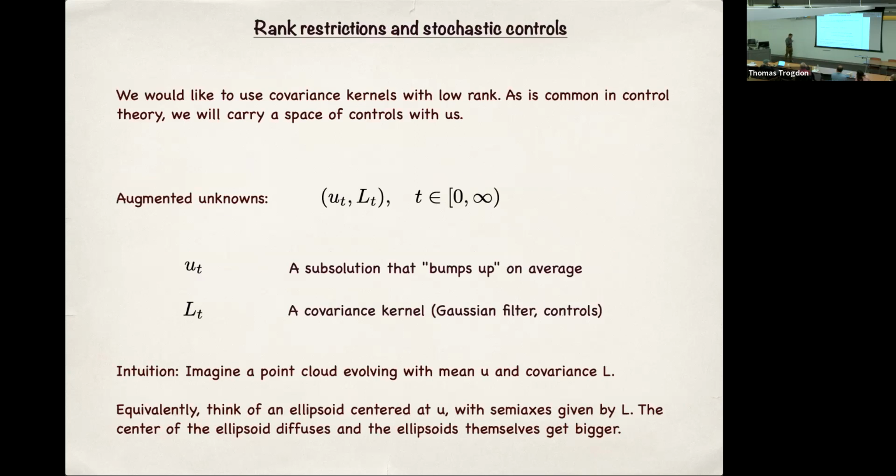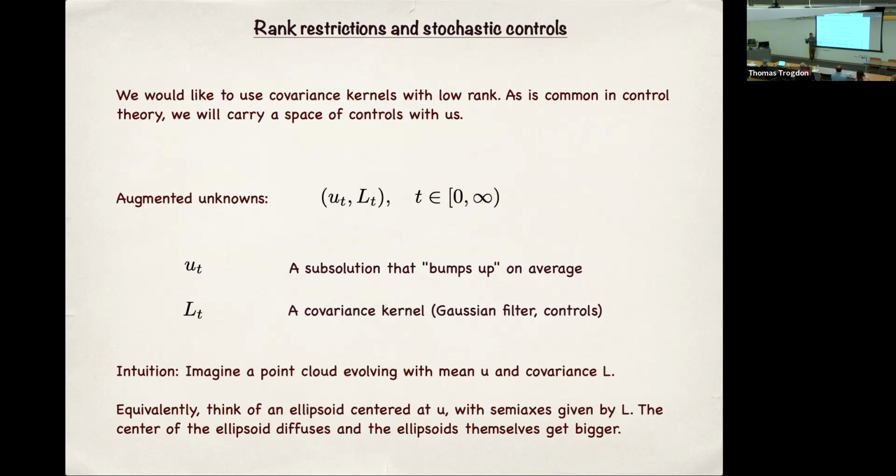Okay, so the discrete problem doesn't quite capture the depth of the PDE problem unless you add in rank restrictions. There are several reasons for this, but what I'm really going to do is carry a space of controls with me.